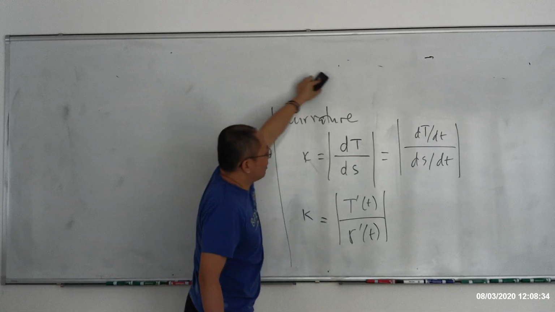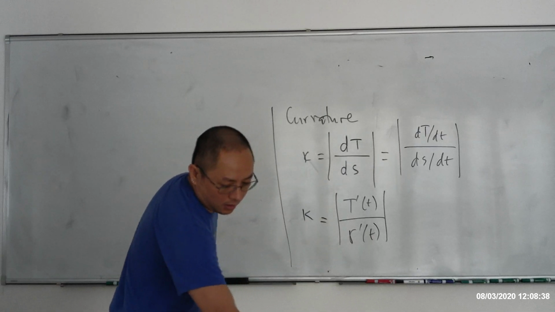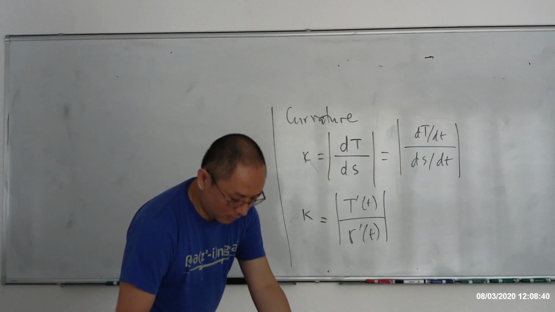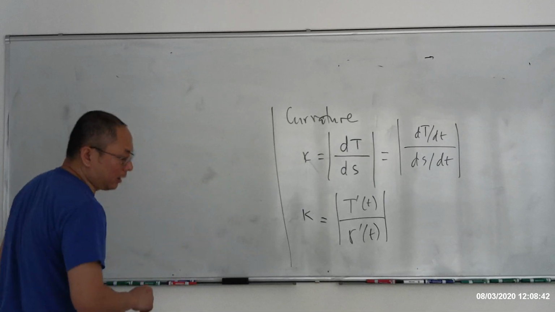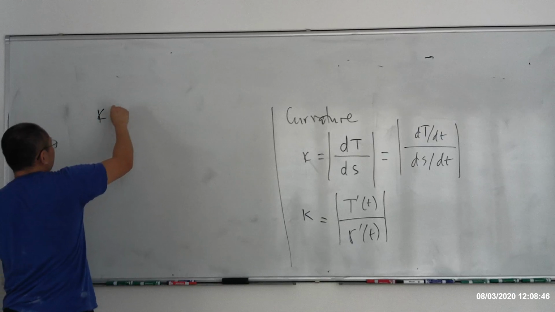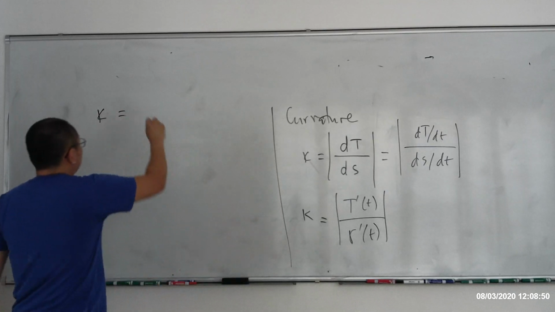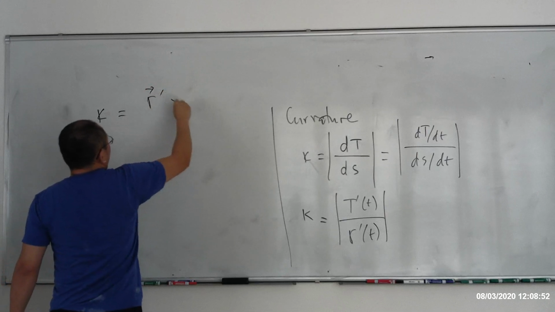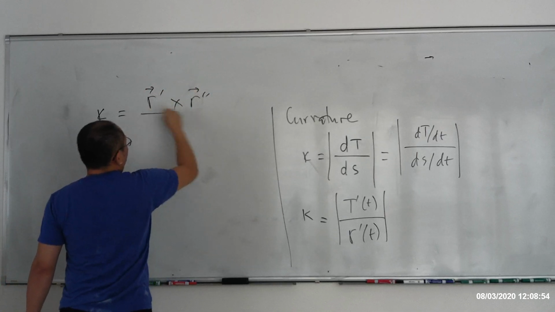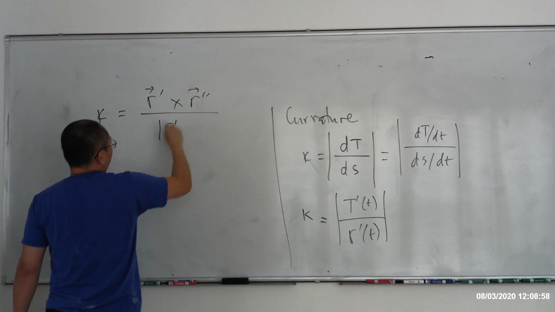We also have a couple more formulas for you guys, pretty useful for calculating the curvature. And this is another one using the cross product. K is equal to the magnitude of R prime cross R double prime divided by the magnitude of R prime cubed.